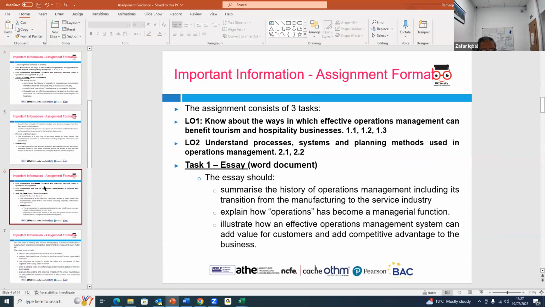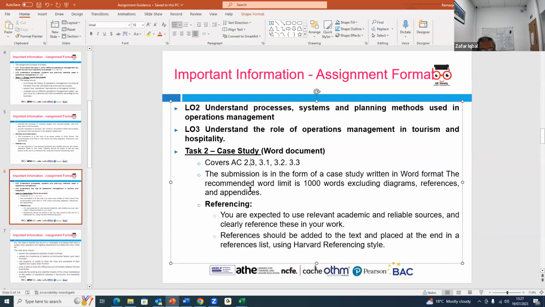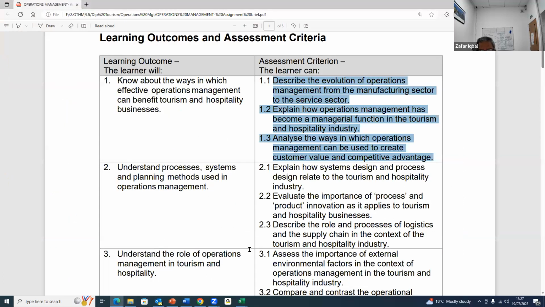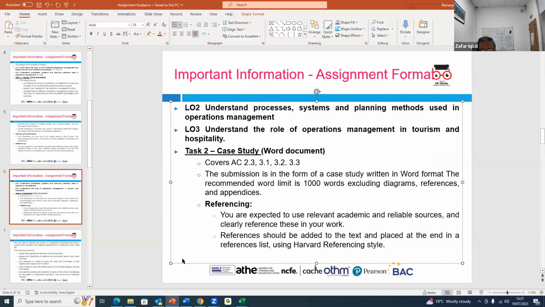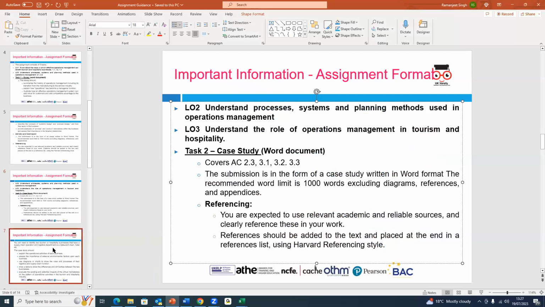So it covers 3.1, 3.2, 3.3, and 2.3. Now 2.3 is looking at the role and processes of logistics and supply chain. So 2.3 looks at the logistics, which is here on the next page.